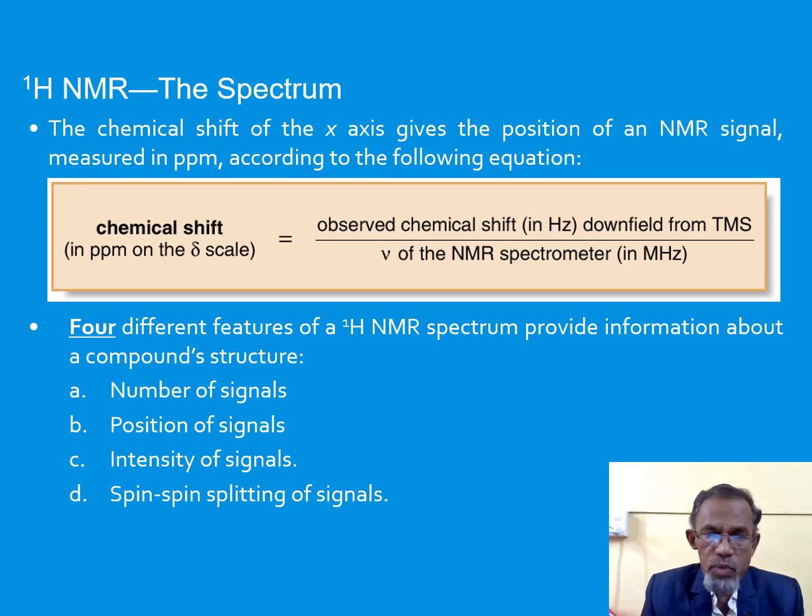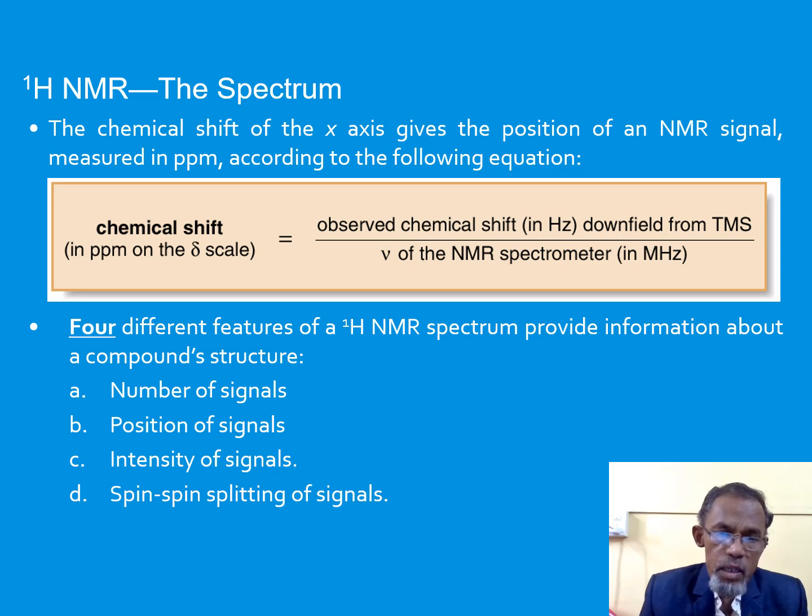Four different features of a proton NMR spectrum provide information about the compound structure: the number of signals, the position of the signals, the intensity of the signals, and the spin splitting of the signals.